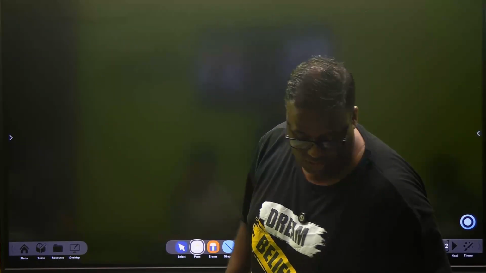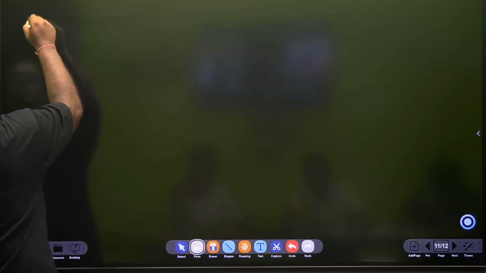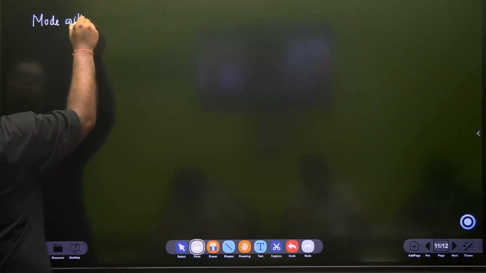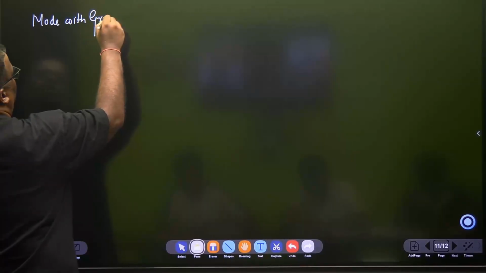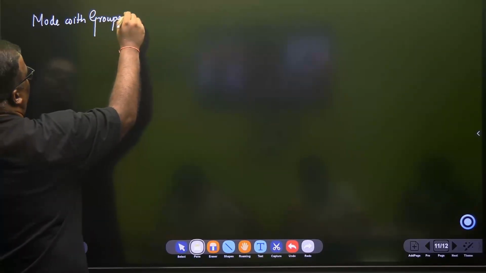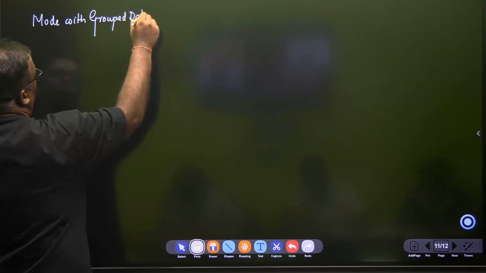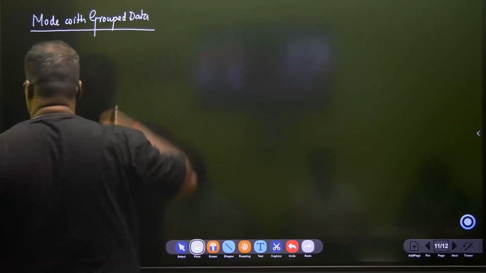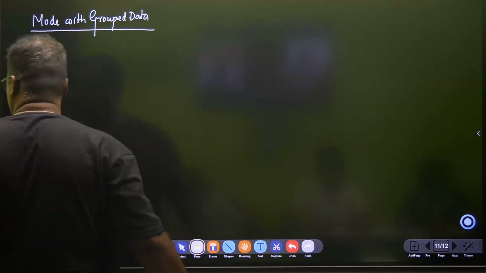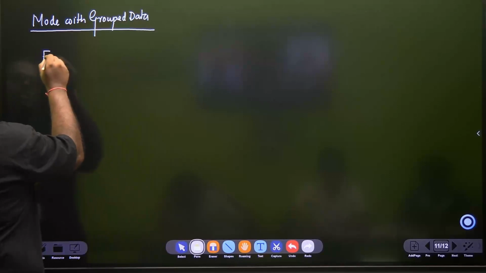So let's take one example and do it with that. For example, we are trying to do mode with grouped data. If the data is not grouped, mode is the highest frequency. But if the data is grouped, then what do we do? So the question is something like this. Family size.